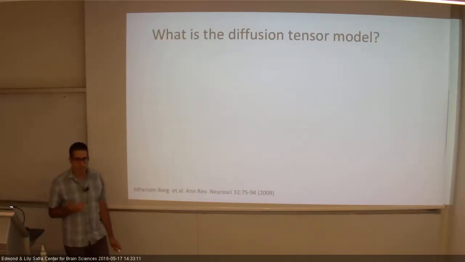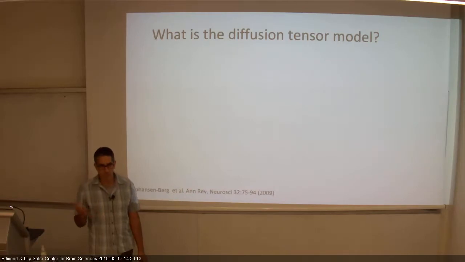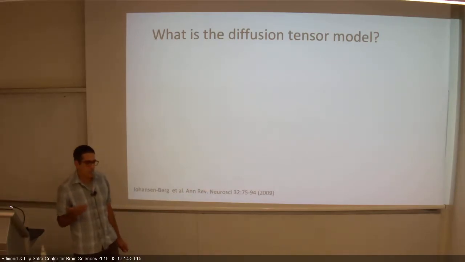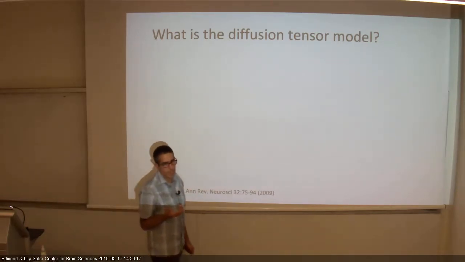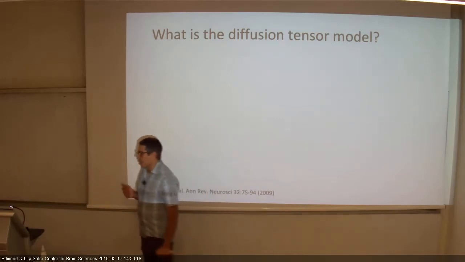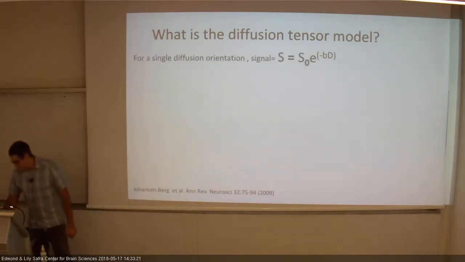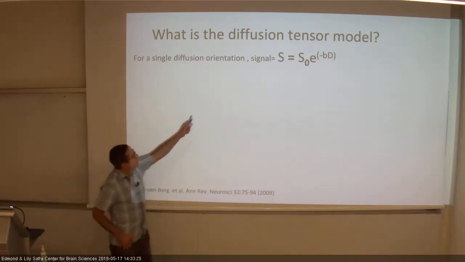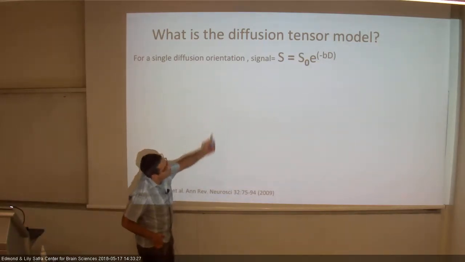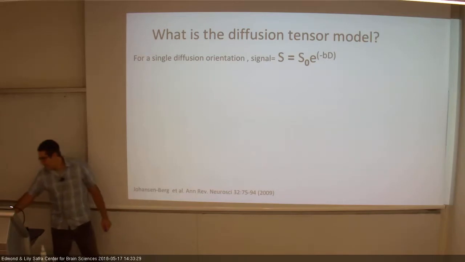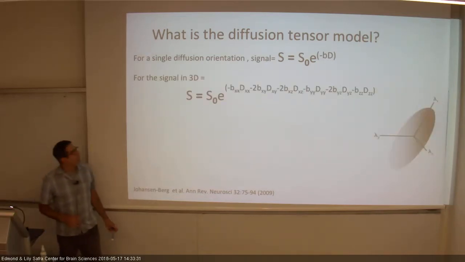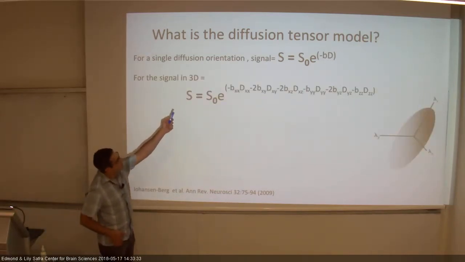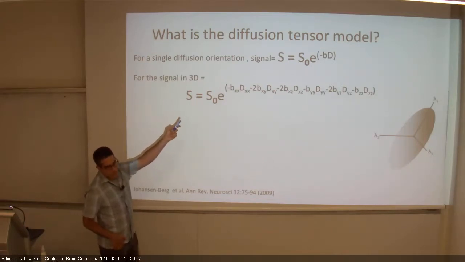So you heard about the tensor model, you read about the tensor model, something about it. That's what it is. It's a 3D model of diffusivity, right? Before, this was the equation for one orientation. We now would like to have, we essentially can represent any orientation with a tensor, right?